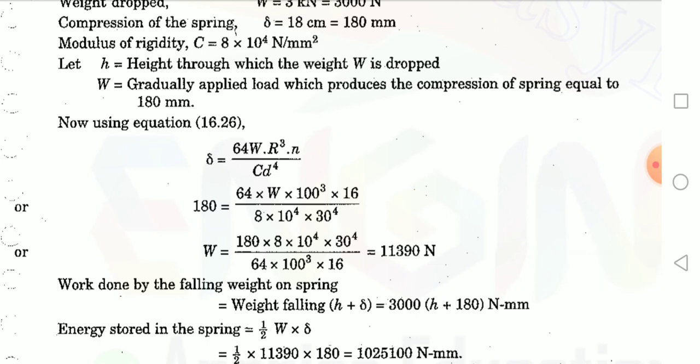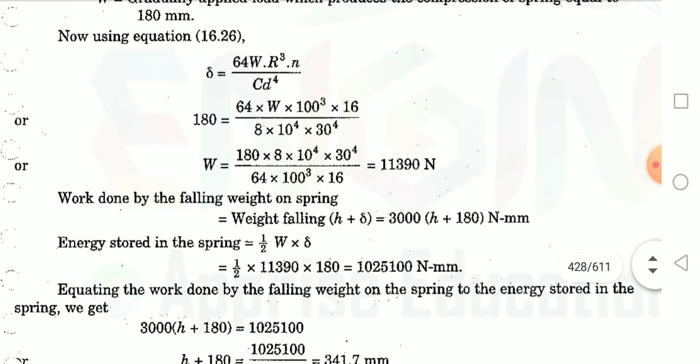And we know the work done by the falling weight on the spring. So there is some weight which falls on the spring. That is the weight falling, which is the product of the weight and the height plus the deflection. So the work done is 3000 Newton into H plus the deflection 180.